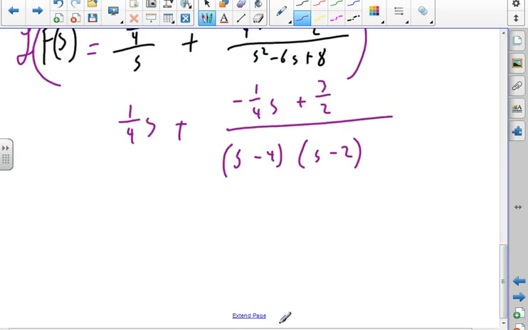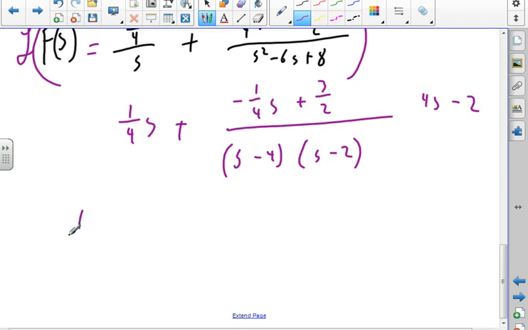Okay, now, what do I need on top? I need an sA. All right, so A is positive 4, and B is 2. So I want this to read 4s minus 2 on top.